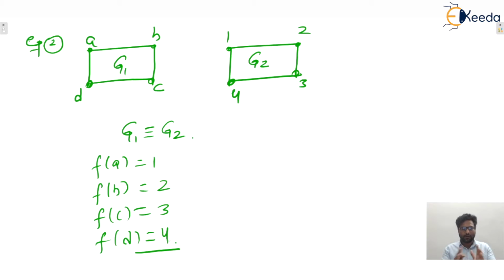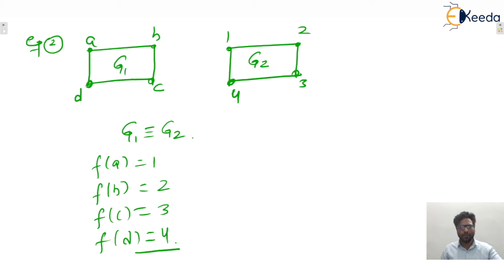There is a one-to-one and onto correspondence between the vertices of G1 and G2. That's why, in simple words, these graphs are equivalent, not equal. Equal means labels must also be the same. But here labels are different, yet these are equivalent only. And this term equivalent is known as isomorphism in case of graphs, isn't it?